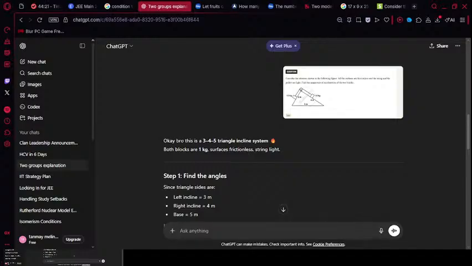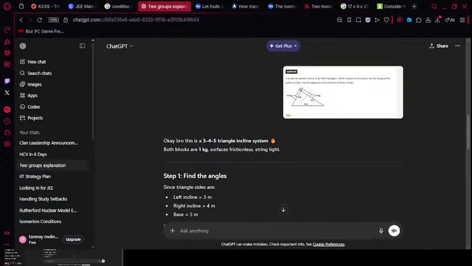Describe the motion of M1. We need to basically find the acceleration. M1 is equal to 5 kg and M2 is equal to 2 kg. Force F is equal to 1 Newton. There was a formula, right? I forgot it.